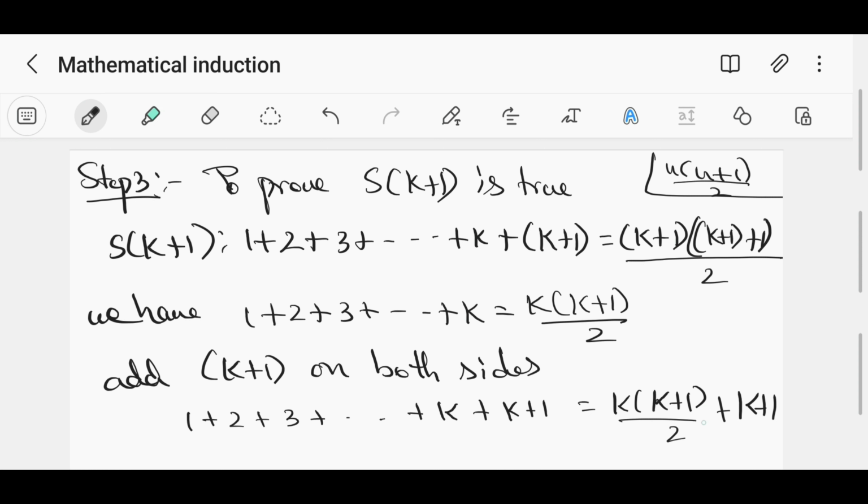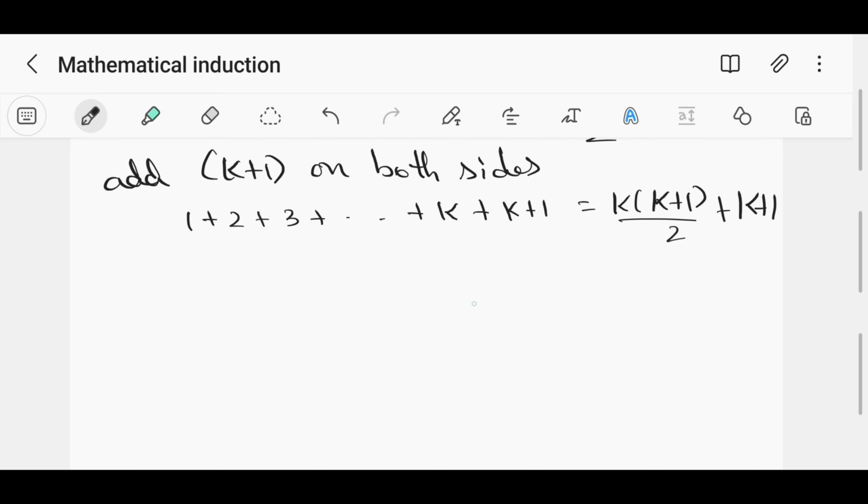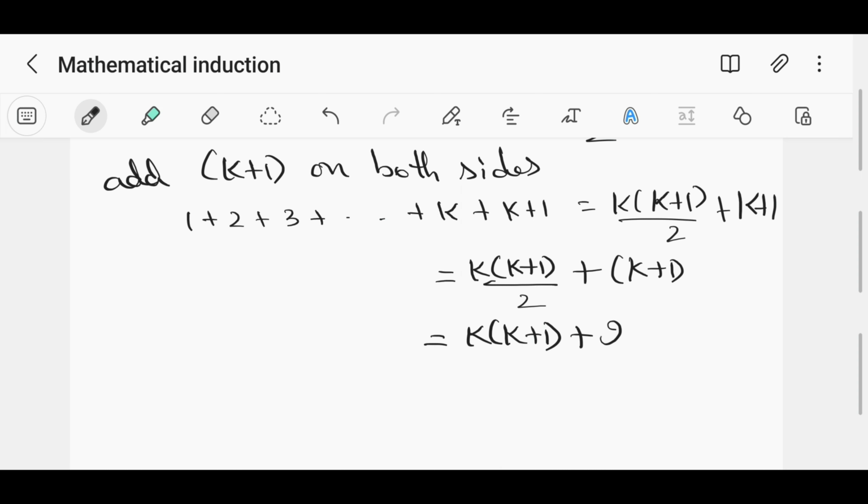Let us solve this RHS value. So this will be equal to k into k plus 1 divided by 2 plus k plus 1. Now taking LCM, what do you get? You get k into k plus 1 plus 2 times (k plus 1), whole divided by 2.